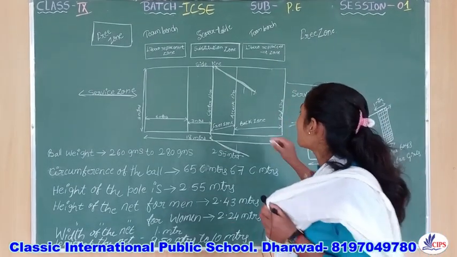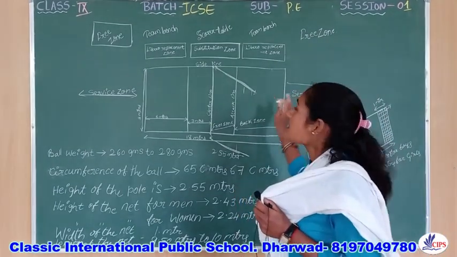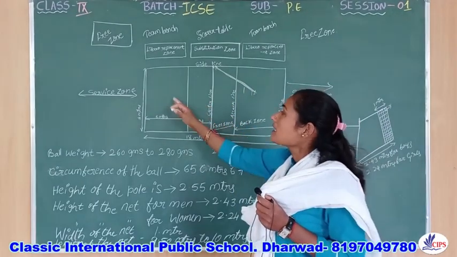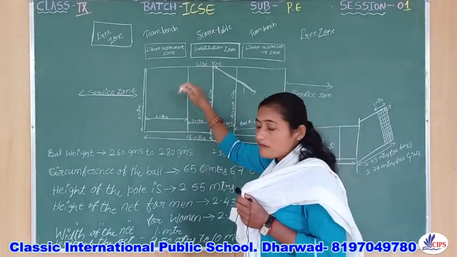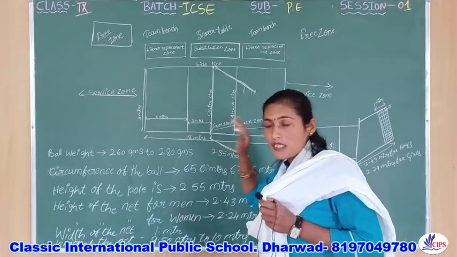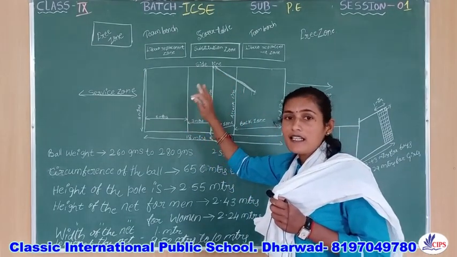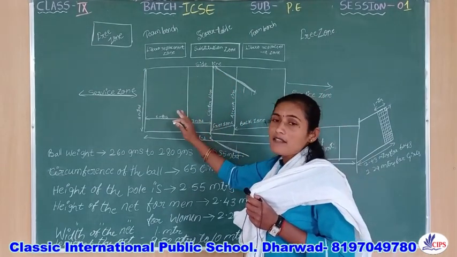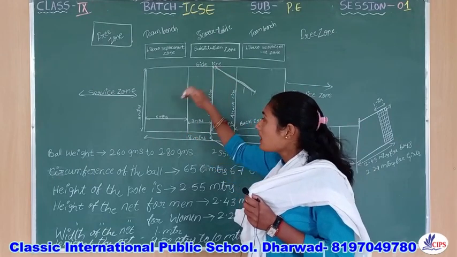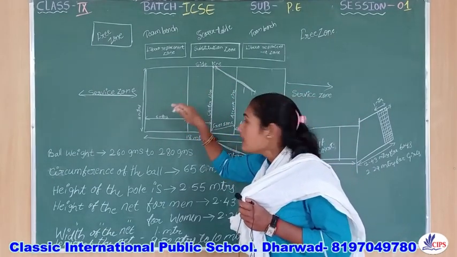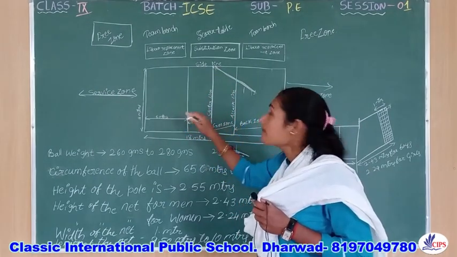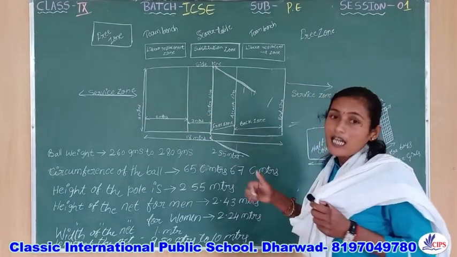Suppose this side's players are serving the ball. If they are not receiving properly, and the ball is grounding, this team will get the point.